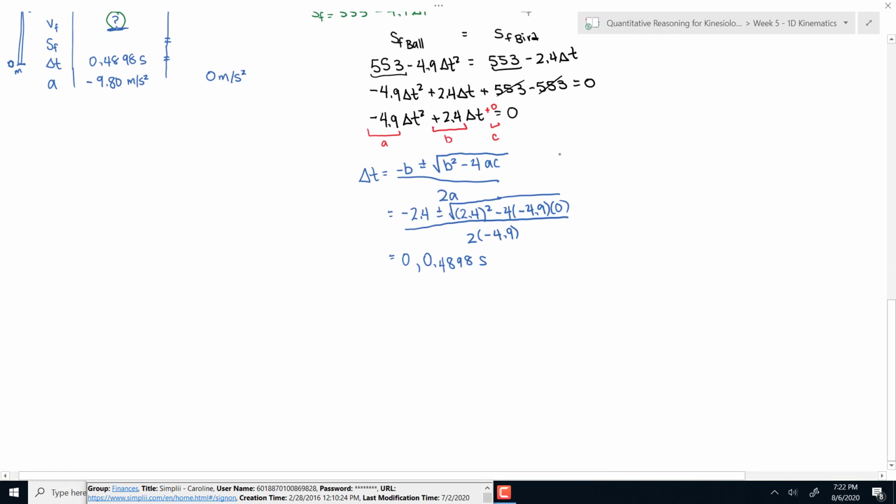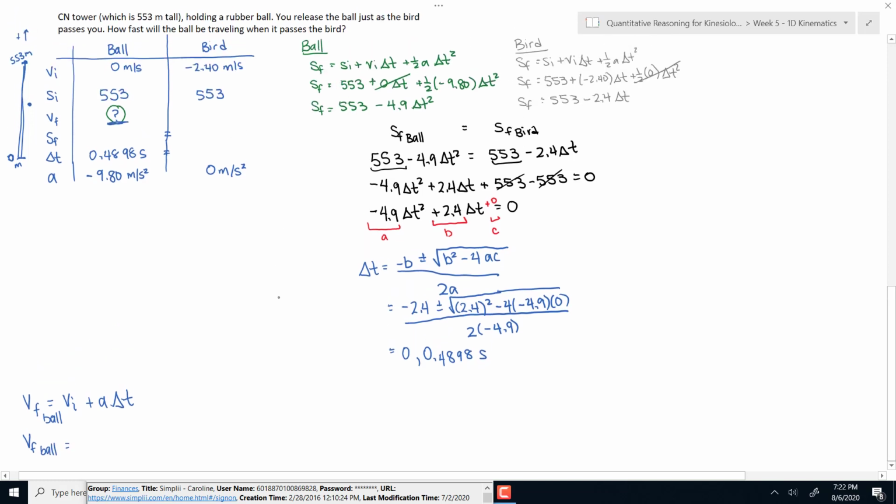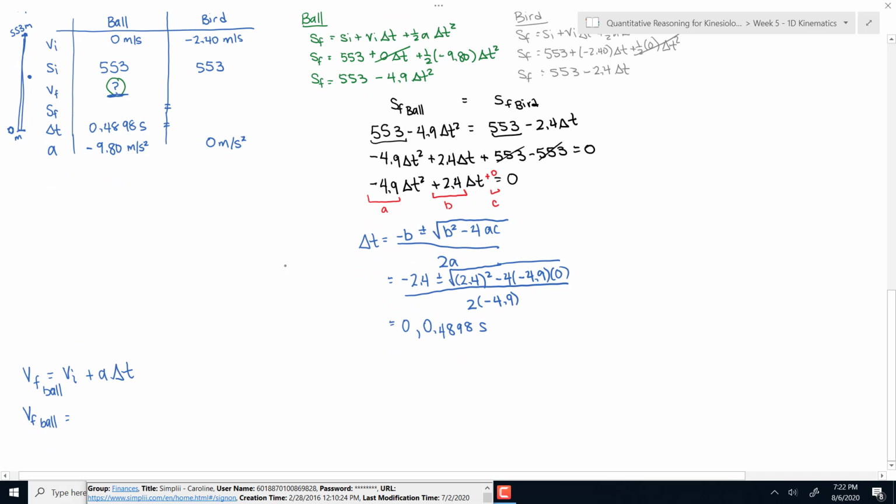So instead we're going to use this equation. I'll move down here. V final equals V initial plus A delta T. And we're talking about the ball here, so I'm just going to write the word ball just so it's very clear. V final of the ball is what we're looking for, equals V initial of the ball, which was 0, plus A of the ball, which is negative 9.80, times time, which is 0.4898.